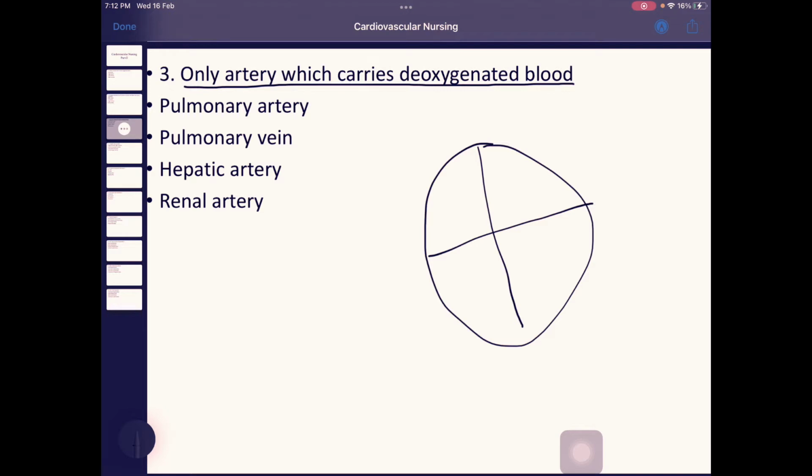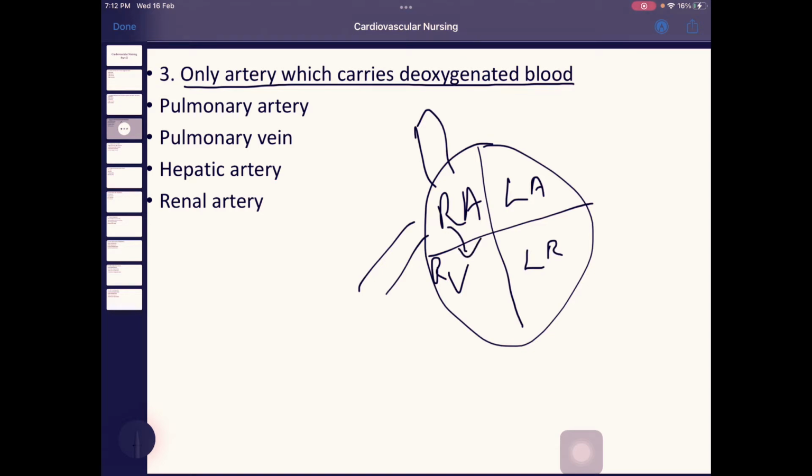From here, we know the blood comes from all over the body and empties in right atrium. And from right atrium, the blood goes to right ventricle, and from right ventricle, it goes to lungs via pulmonary artery.